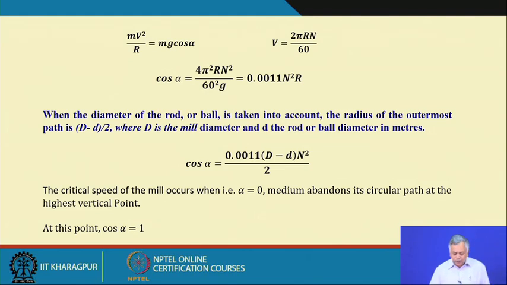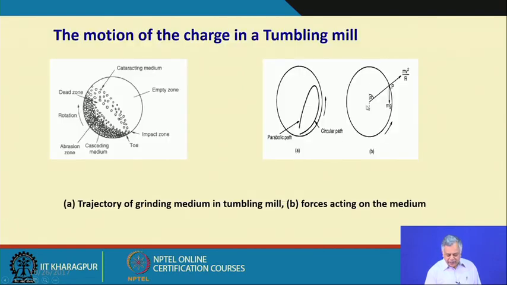That means the medium abandons its circular path at the highest vertical point, because the entire charge abandons its circular path and then starts falling from here. That is the maximum speed we can have, and that is called the critical speed.